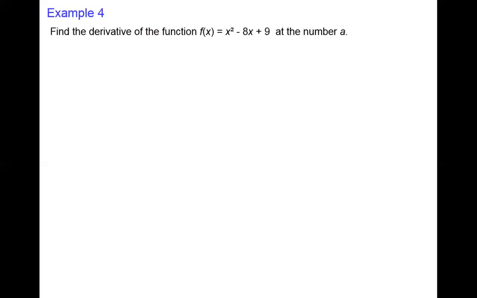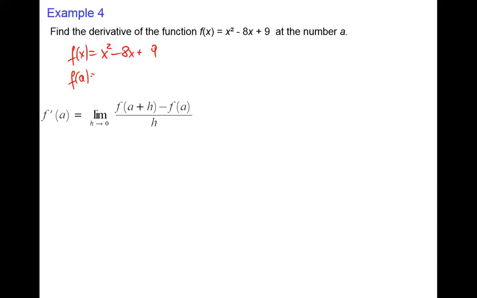The function is x squared minus 8x plus 9. The derivative is defined like that. We have to know this definition, this formula: the limit as h goes to 0 of f of a plus h minus f of a over h. And now the evaluation. f of x is x squared minus 8x plus 9. f of a is a squared minus 8a plus 9.